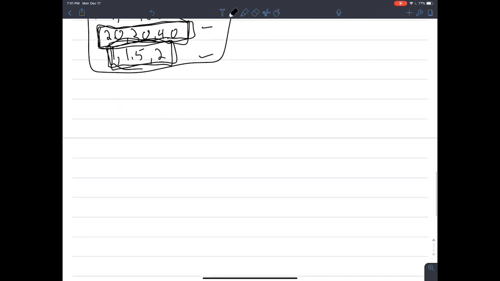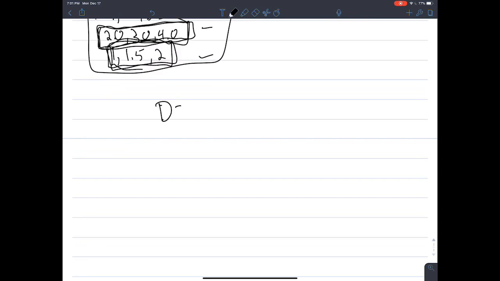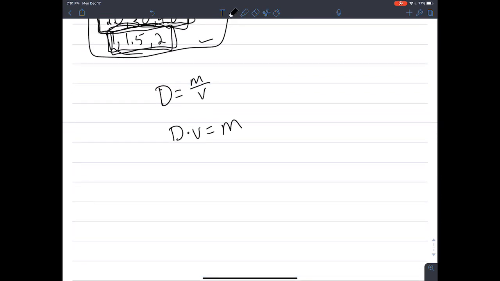The equation for density, so density equals mass over volume, or density times volume equals mass. Make sure you know how to manipulate that equation so that if you were given one or two of the variables, you would be able to solve for the other one. And that's just algebra.